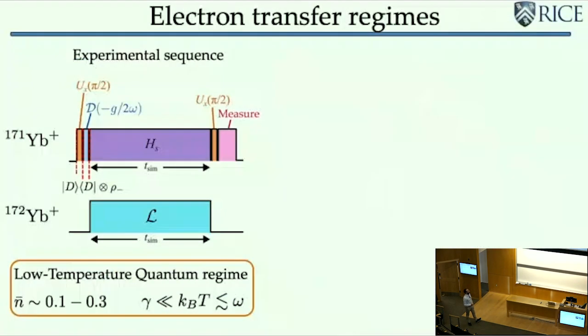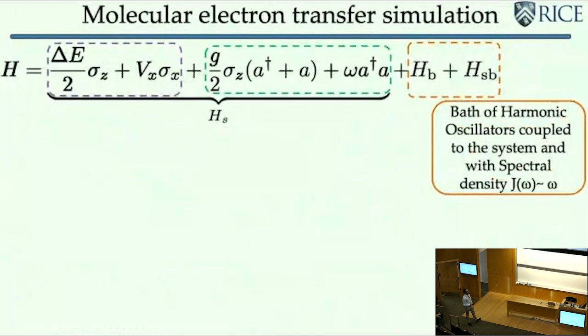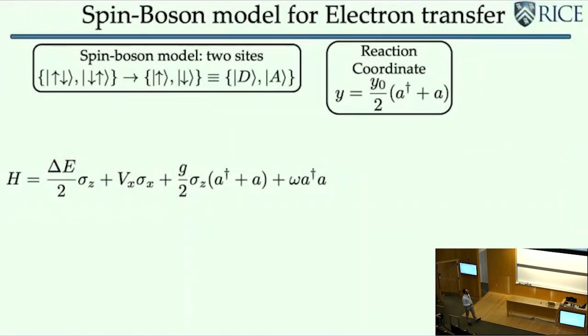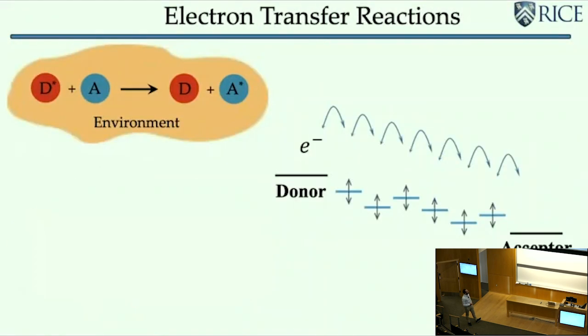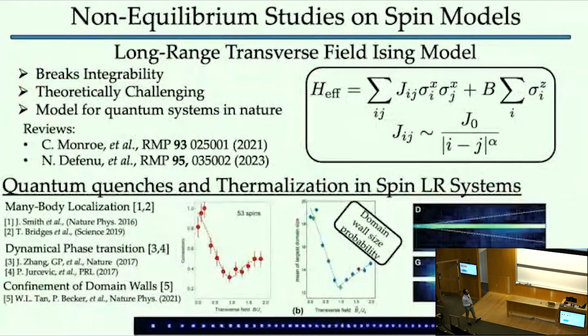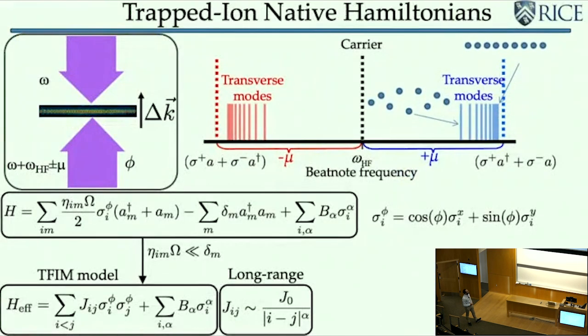That's a very good question. I thought about that, and basically, if you look at this Hamiltonian here, in principle, if you have multiple tones, this is the dominant Hamiltonian.